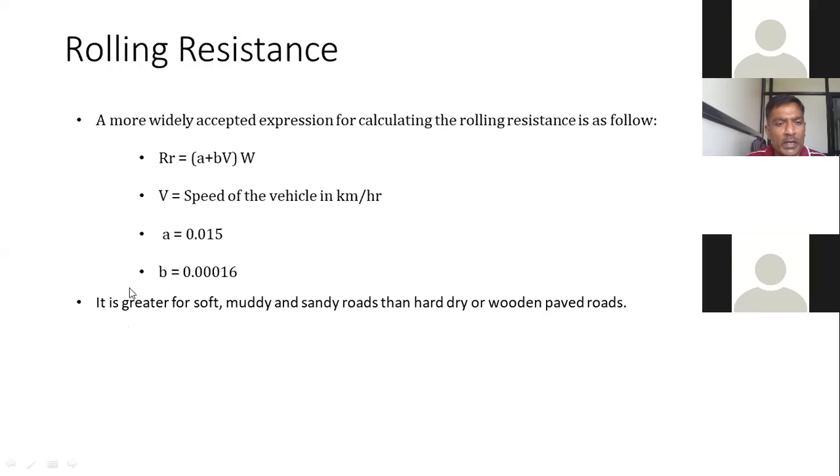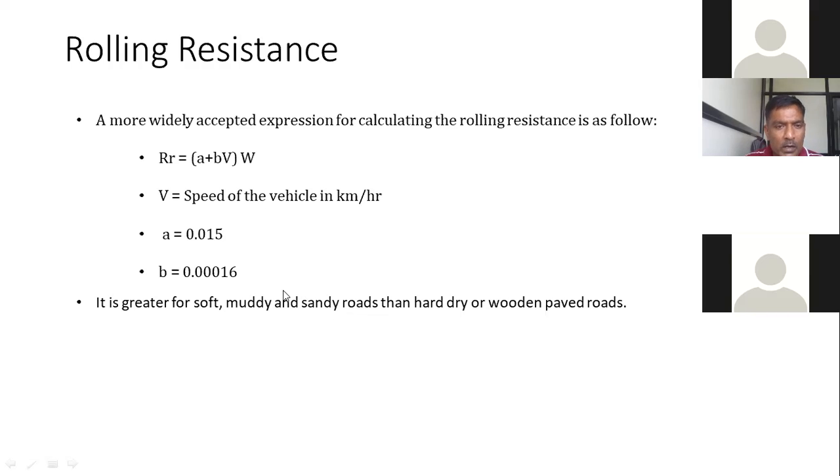This rolling resistance is greater for soft, muddy and sandy roads than hard, dry, wooden paved roads. The rolling resistance experienced by a vehicle on soft roads, on muddy roads, that means having clay and sandy roads, is more.